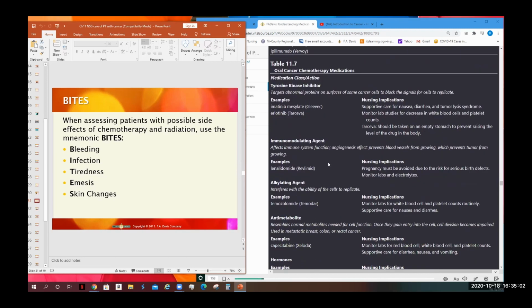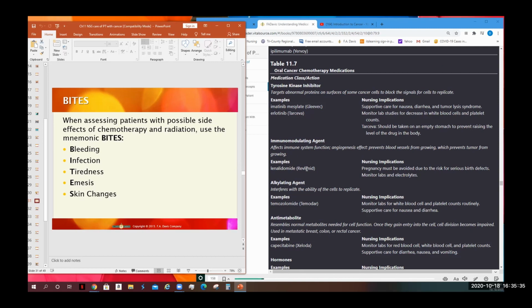Table 11.7, these are oral cancer chemotherapy medications. There's the tyrosine kinase inhibitor, which targets abnormal proteins on surfaces of some cancer cells to block the signals for cells to replicate. Examples are imatinib mesylate, also called Gleevec, or erlotinib, also called Tarceva.